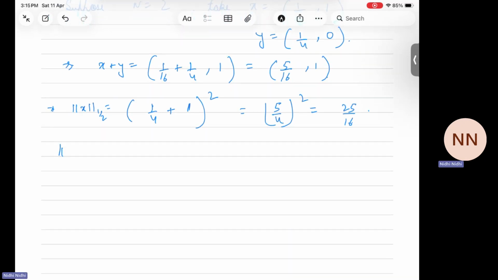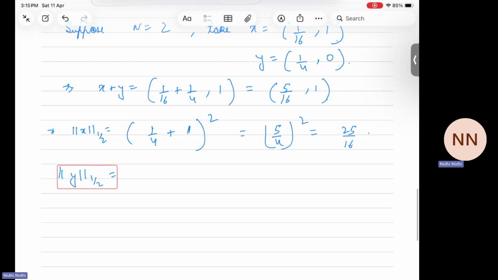And what will be the value of y? Instead, I should not call it norm. So the square root of 1/4 is 1/2, and that of 0 is 0, whole square. So this is 1/4.